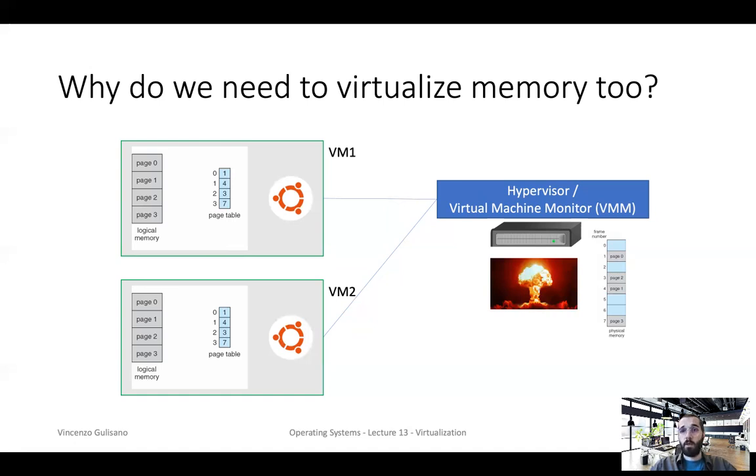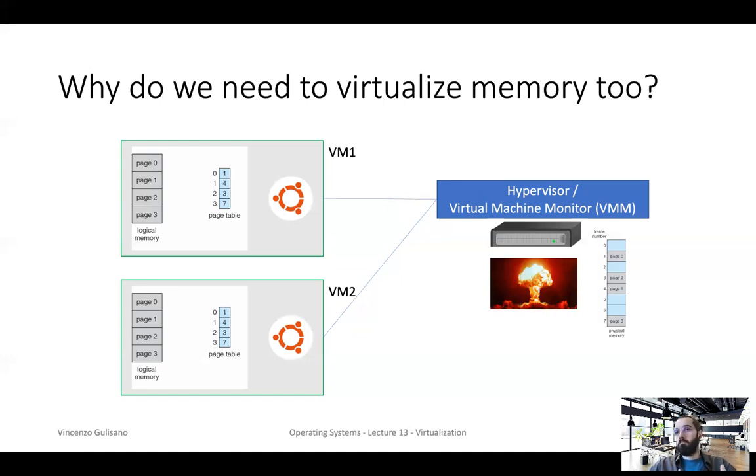But you cannot do something like the thing that is shown in this figure, because you cannot make the two processes from two different operating systems believe that their page 0 is actually in frame 1, where frame 1 is the real frame 1 in the real hardware, because then of course you are using the same frame for two different operating systems, two different processes, and that is not going to work.